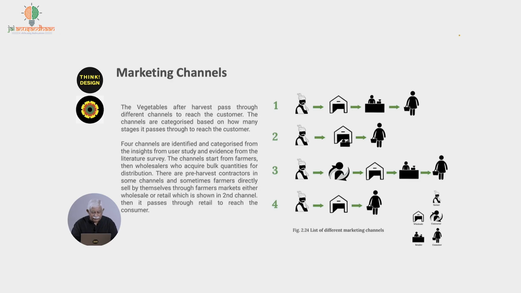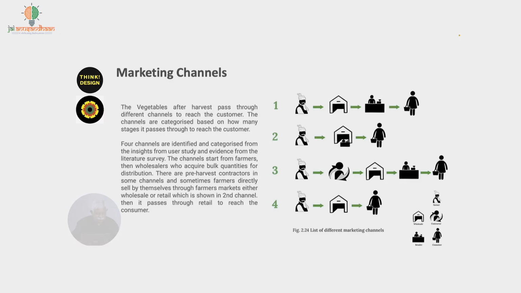Sometimes there's a middleman, then the shop, and then the consumer. Sometimes the farmer sells directly to the marketplace, and the consumer buys from there. In a third case, a middleman stores it and distributes it to shops, and then the consumer goes there. So there are different methods in which vegetables are transported from the farmland to the shop and finally to the consumer.